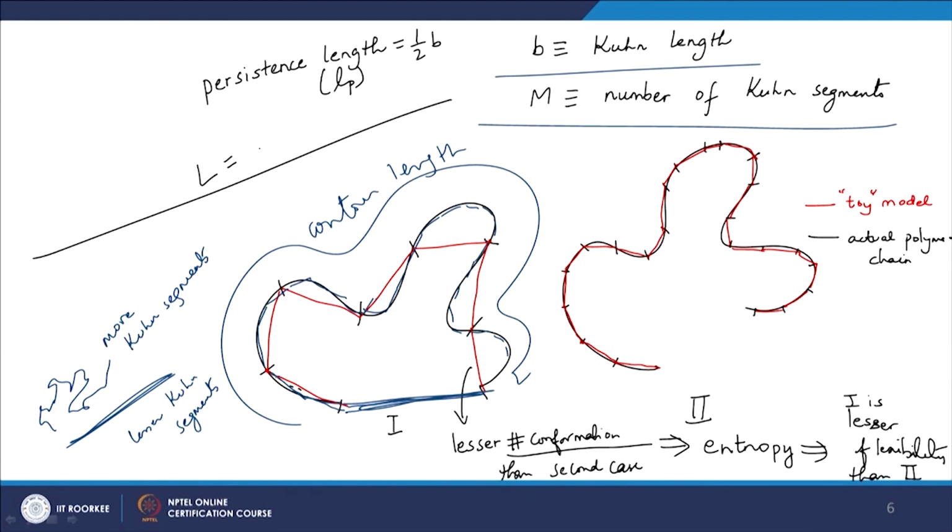In that case, the length of the polymer chain becomes equal to m multiplied by b, and this is what we refer to as the contour length. Think of a small rope that is like this, and then you think of stretching it like this. This forms the case when it is fully stretched. That length is the contour length. Another way to think about it: if I measure the distance along the rope, that will give the contour length of the polymer chain.